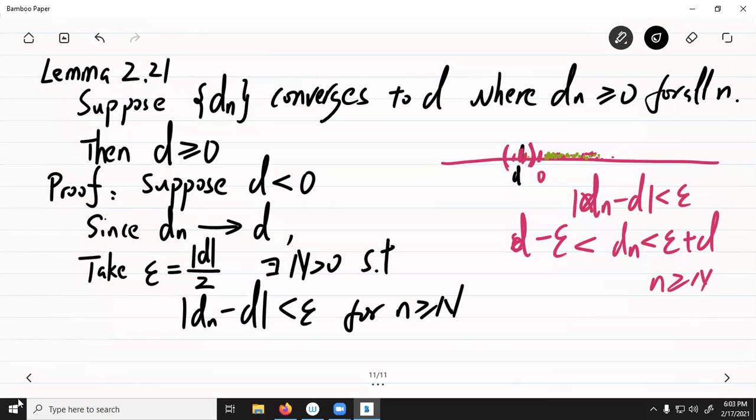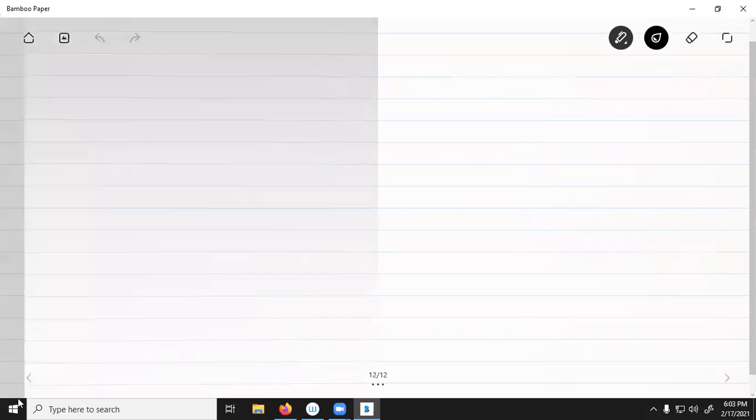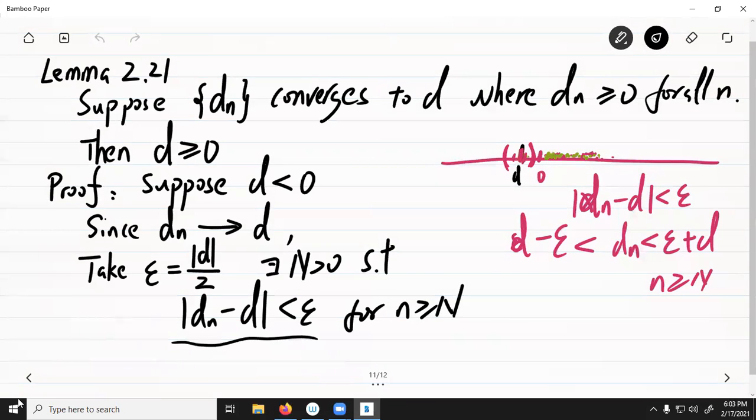Okay, so now let's rewrite this inequality. What does this mean? Okay, I give you time to write down notes.